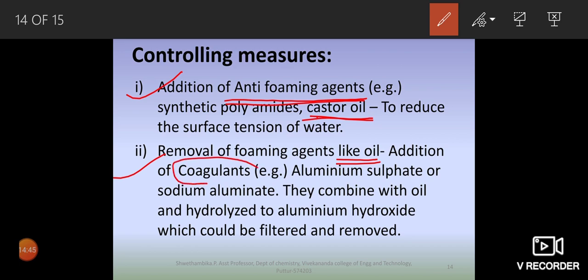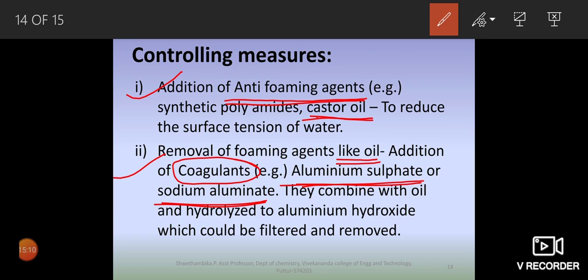And this word must be familiar. Here we add coagulants. Coagulants means they will be combining with the oil and making another product, and that precipitates. So here the best used coagulant is given. One can go for aluminium sulfate or sodium aluminate, or else you can simply write some derivatives of aluminium could be added.